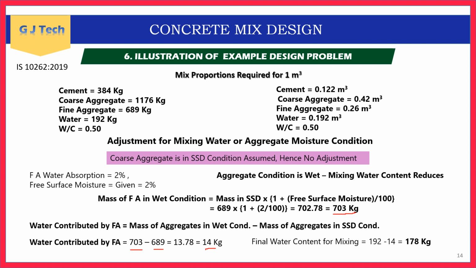So for the final water content during mixing of all the ingredients into the batch mixer or plant mixer, we need to reduce the water content, and it is tabulated as 178 kg of actual water to be added. So that is the final water content in the design mix.